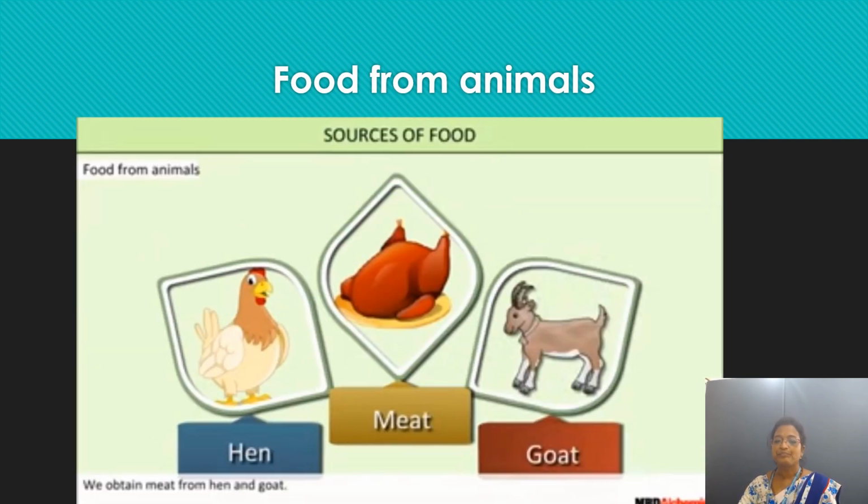Next, here you can see meat. From where do we get this meat? From hen and from goat. So meat is also a source which we get from animals.